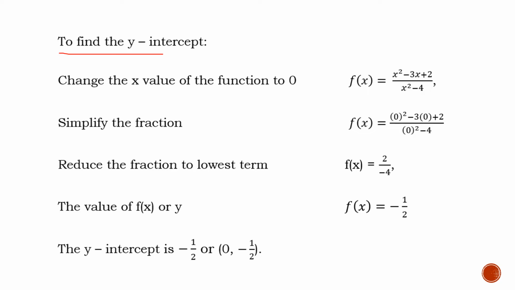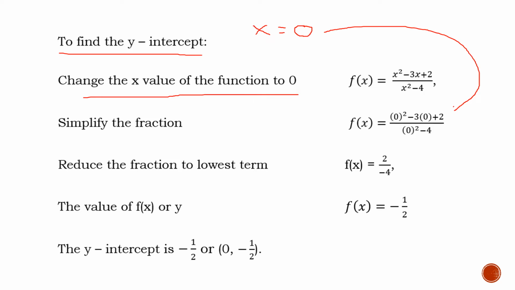To find the y-intercept, change the x value of the function to 0. Again, if you're asked to find the value of the y-intercept, we always assume that the x variables in the given function are equal to 0. So if we apply this concept, the function becomes 0 squared minus 3 multiplied by 0 plus 2, all over 0 squared minus 4.